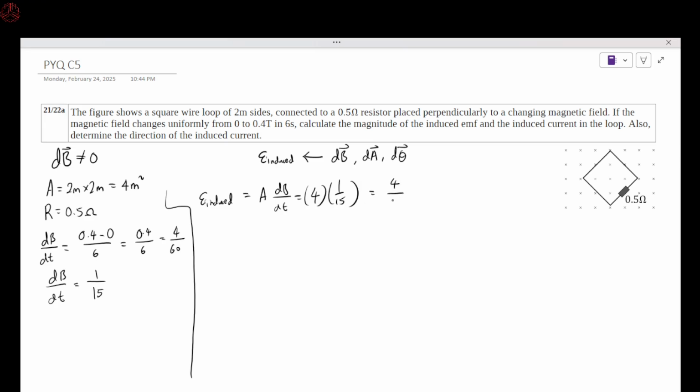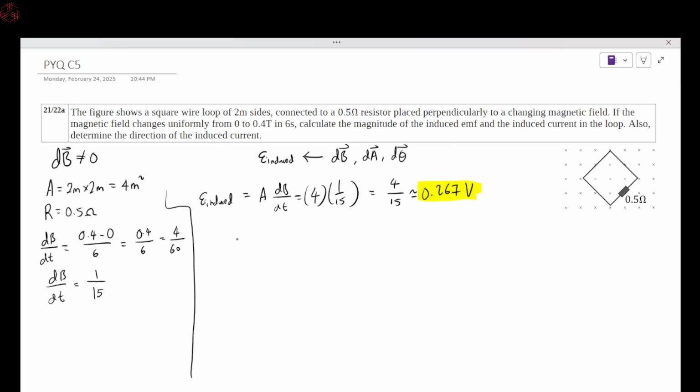So 4 over 15 is approximately 0.267 volts. So that is the answer for the first part, which is the magnitude of induced EMF.